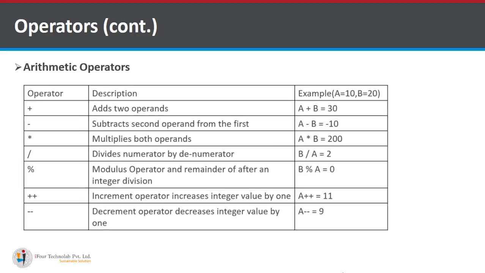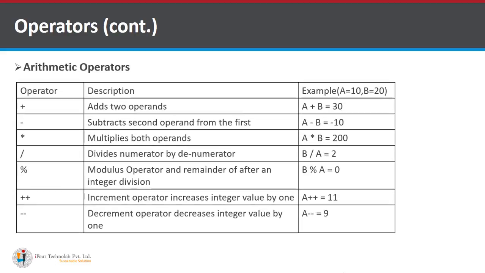Now, what are arithmetic operators? The arithmetic operators are as follows. Plus symbol adds two operands, that is a plus b. If a is equal to 10 and b equal to 20, then it will return 30. Similarly, minus subtracts the two operands, a minus b will give minus 10.